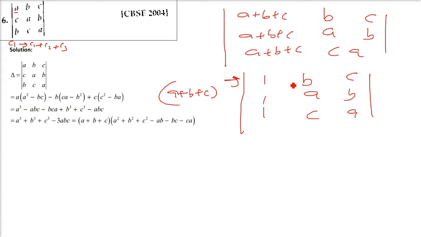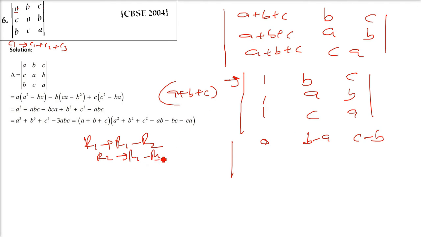Row 1 minus row 2 I'm doing. So 1 minus 1 is 0. Row 1 I'm changing as row 1 minus row 2. B minus a, it will be c minus b. Again row 2 I'm changing, row 2 minus row 3. So 1 minus 1 is 0, a minus c, it will be b minus a, and 1 c a, right?